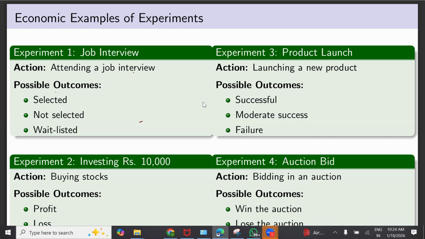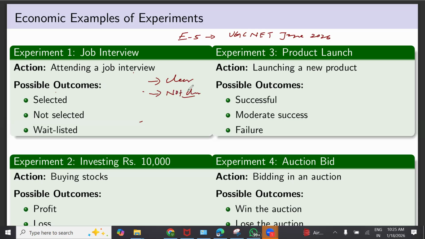Now I'll write one more experiment, experiment number 5, E5. What is that? The UGC NET June 2026. What are the possible outcomes? Either you will clear or you will not clear.